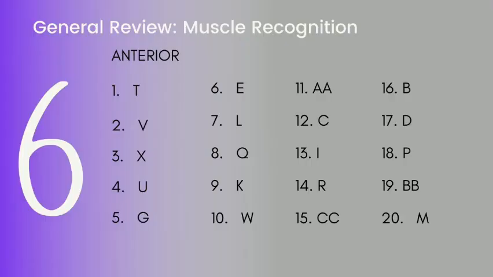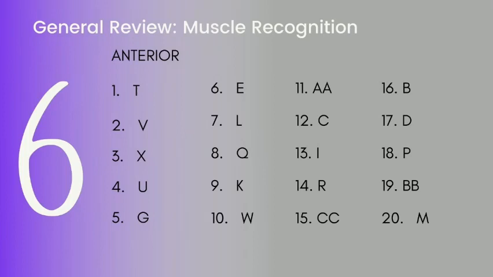So let's sum it up for anterior. Number 1, T. Number 2, V. Number 3, X. Number 4, U. Number 5, G. Number 6, E. Number 7, L. Number 8, Q. Number 9, K. Number 10, W. Number 11, AA. Number 12, C. Number 13, I. Number 14, R. Number 15, CC.